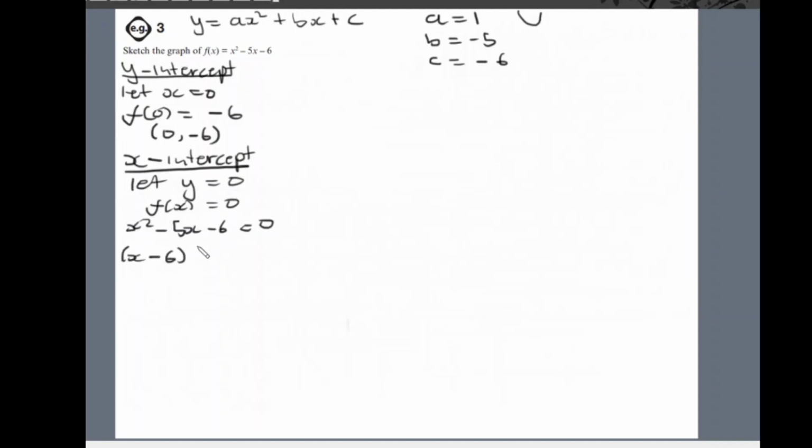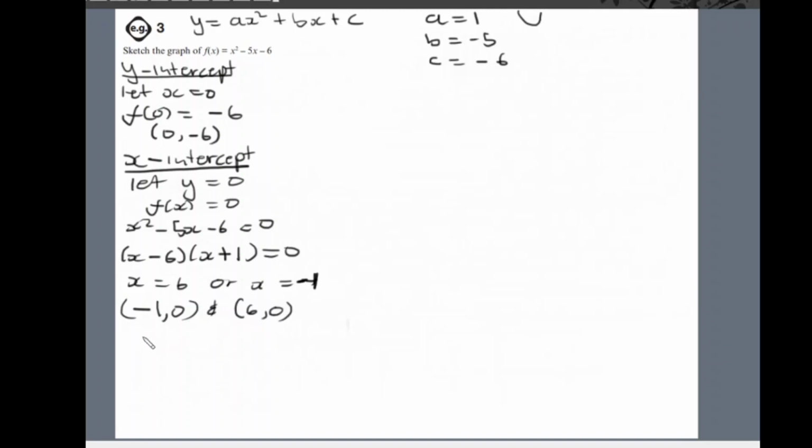Factorizing, our solution is x equals 6 or x equals minus 1. Therefore the coordinates of the x-intercepts are (minus 1, 0) and (6, 0), right?